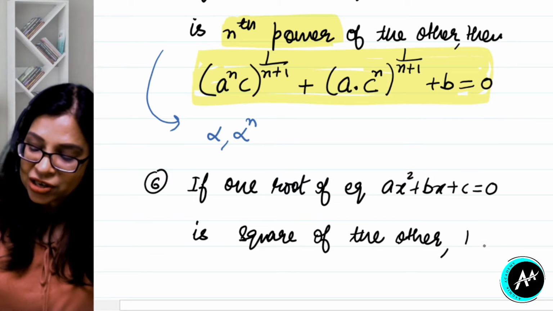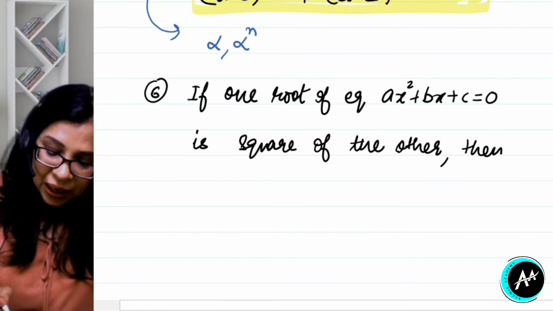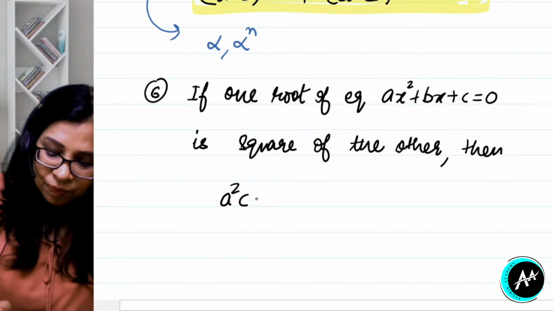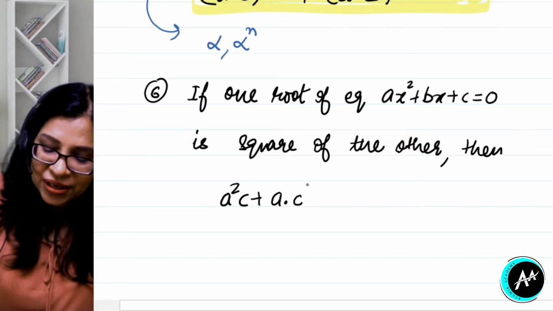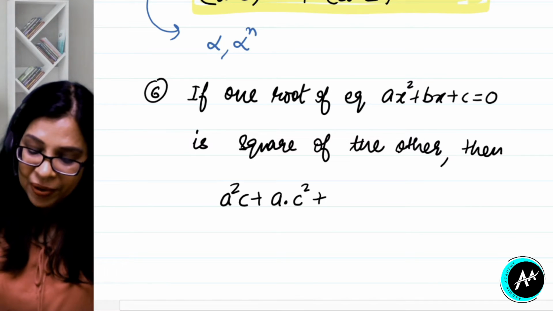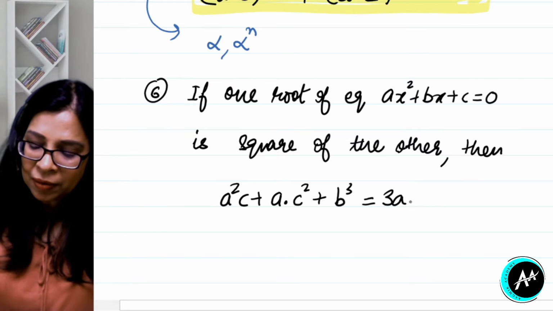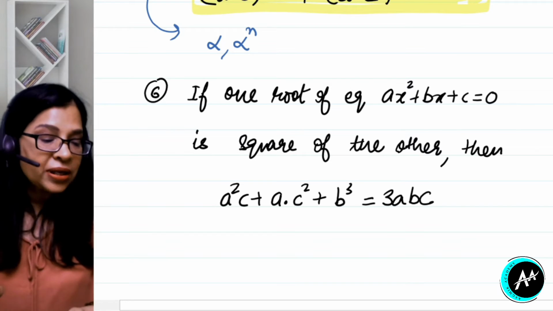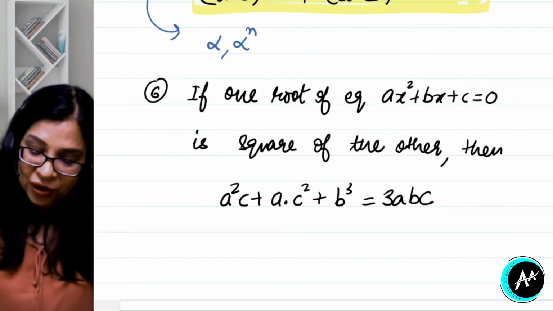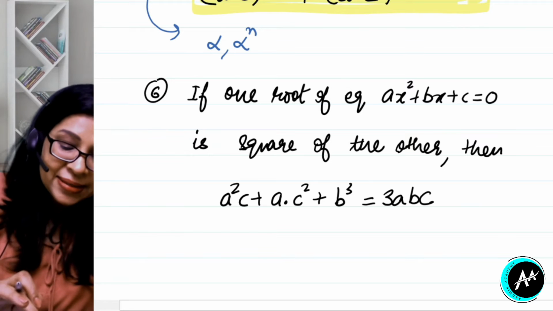I have the condition as a square c plus a into c square plus b cube will be equal to 3abc. So this is the condition that I have. Is it okay?